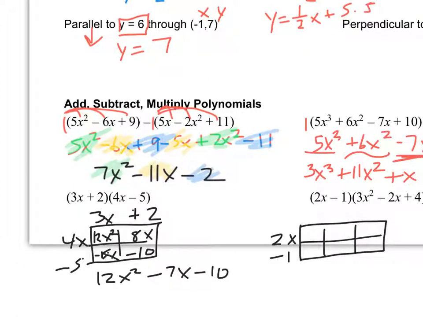2x minus 1, and then 3x squared minus 2x plus 4. So I get 6x cubed, then -4x squared, 8x, negative 3x squared, positive 2x, and negative 4.